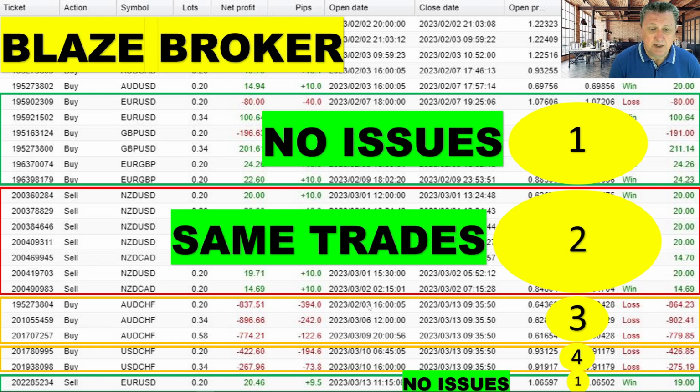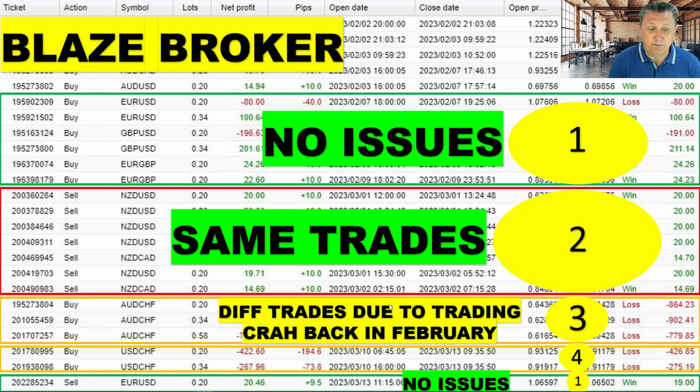This particular setting was one that we entered into, and Leapfx didn't because of the crash they had. So they actually managed to avoid this particular one. That is the reason why there's a difference in the trading, because of the crash back in February that the developers had.